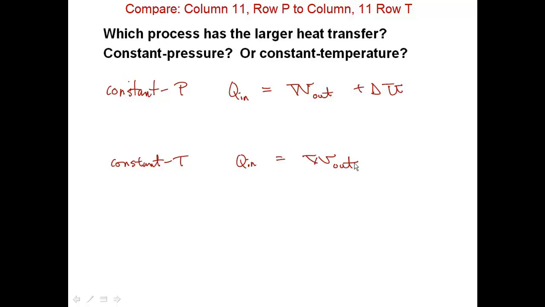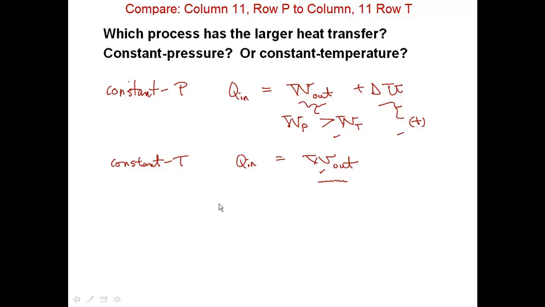We had previously concluded that this work out, the work out at constant pressure, was greater than this work out, than the work done at constant temperature. And we see that we're adding to that a positive quantity. So clearly the sum of these two terms will be bigger than the work out associated with the constant temperature process.